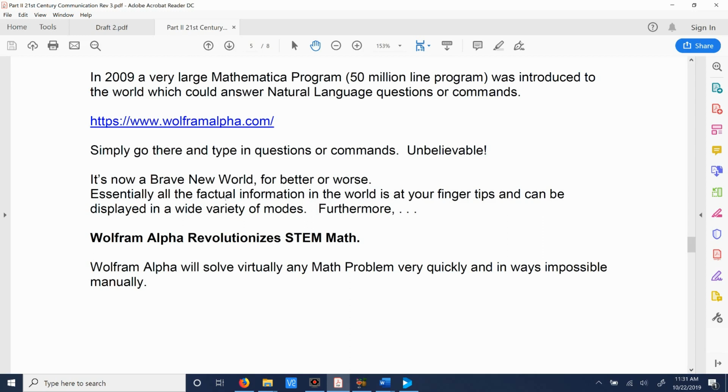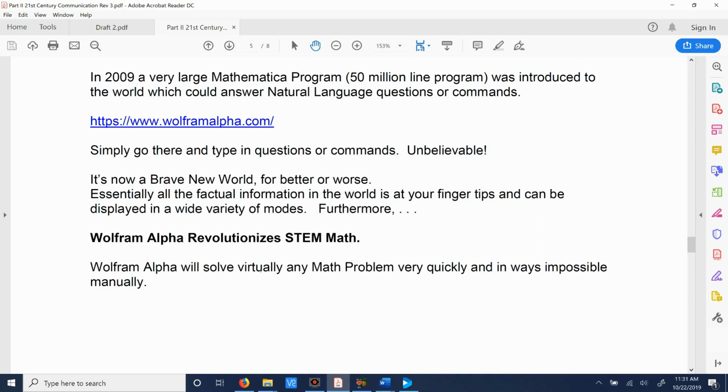And remember this now, with Wolfram Alpha, all of the factual information in the world is at your fingertips. So when you write a program, it not only tells a computer what to do, the computer can go out and get lots and lots of information from all the databases in the world and do that. It's just absolutely amazing.